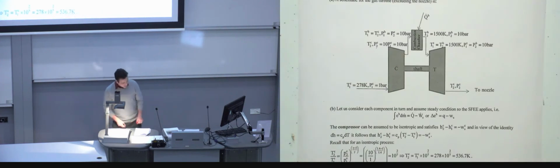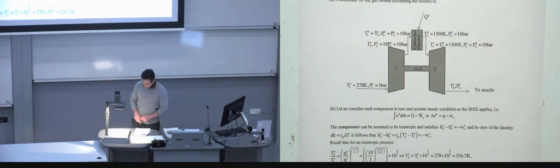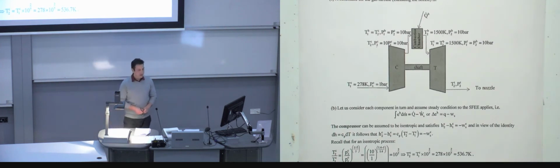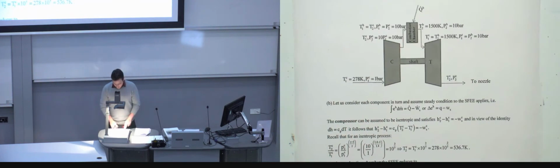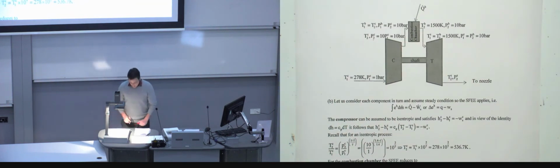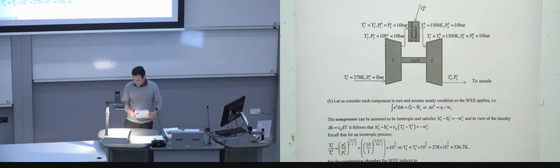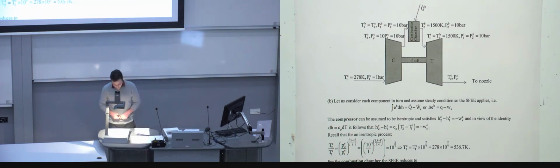So the starting point for this, we haven't got much time, is the steady flow energy equation. We're not interested in the unsteady terms, so this is only steady. That equation, which you've also seen before, we used in the previous example that I think we did last week when we were dealing with the turbine.